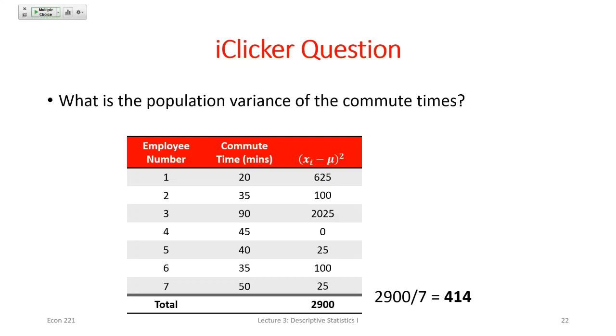Then take the next value, 35, subtract the mean of 45, that's negative 10, square that, that's 100, write that value down. Do that for every one of these 7 observations, then add them all up. You get 2,900 if you add up all those squared deviations. But we're finding the average deviation from the mean squared, so we have to divide by the total number of observations. So there we get a population variance of 414.